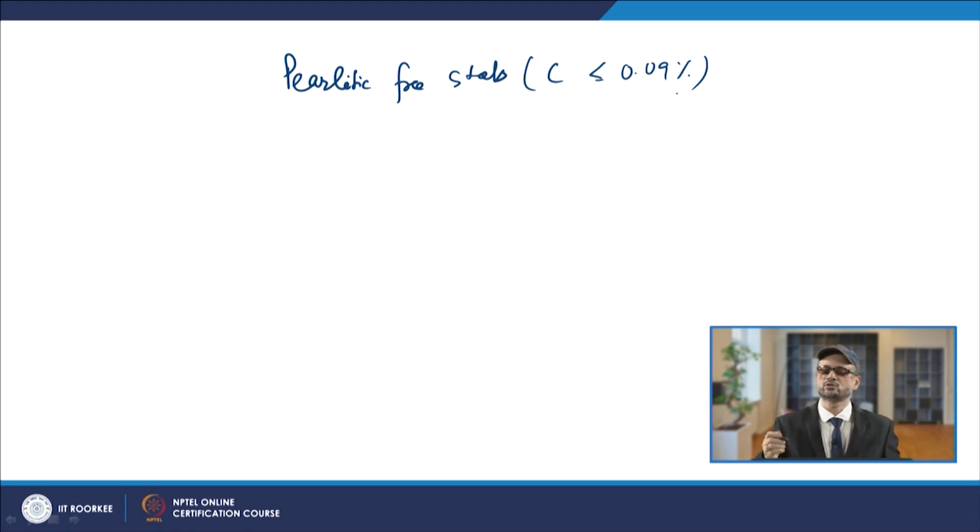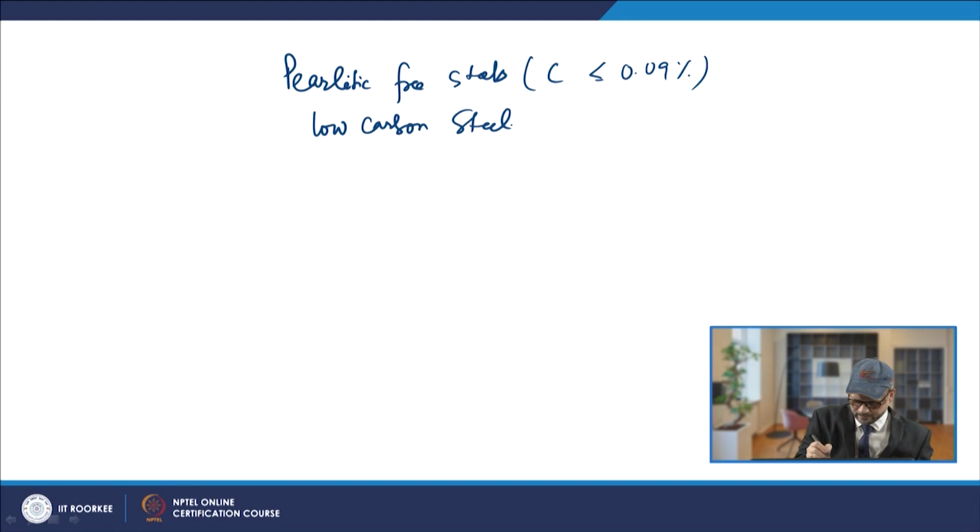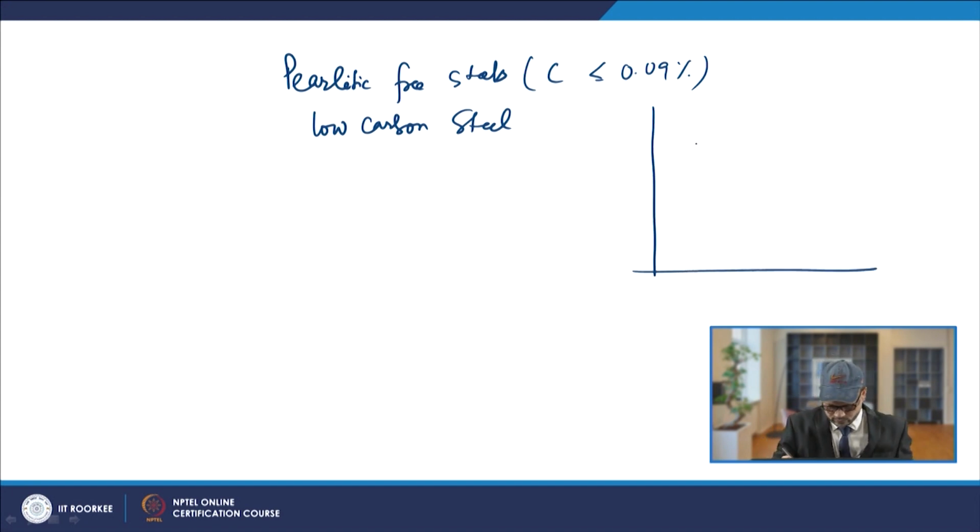So, if you take the low carbon steel and try to see how there will be a change in the hardness of these two specimens, the graph shows this. For a low carbon steel, they are very much sensitive.